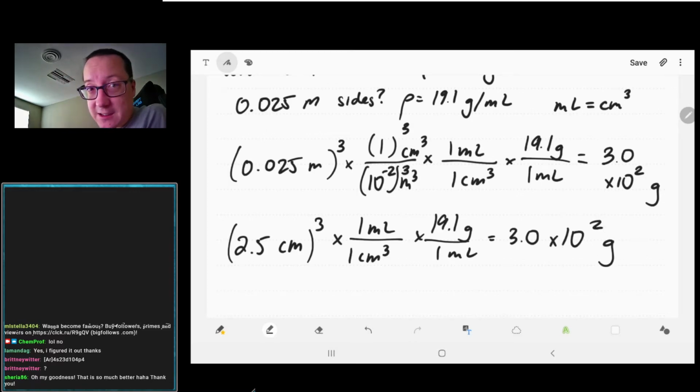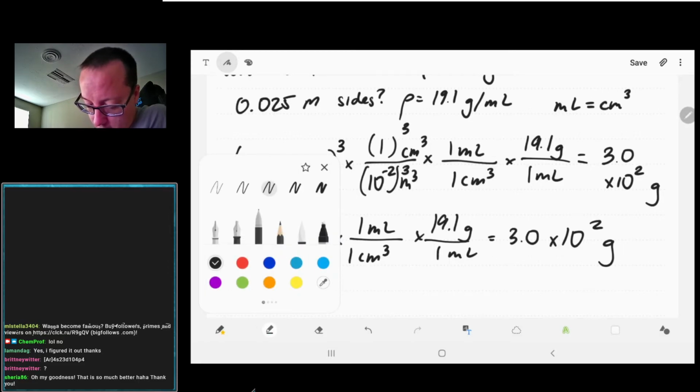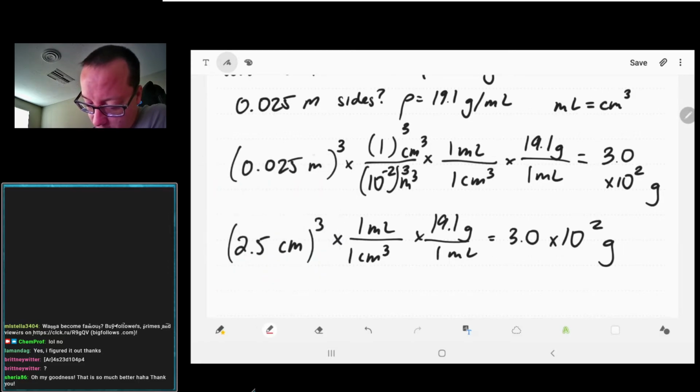Again, I think it's easier to change your unit earlier so you don't have to worry about this cubic conversion factor stuff. But you do you, whatever you like to do. Just double check: we have meters cubed, centimeters cubed, milliliters, and we're left with grams.